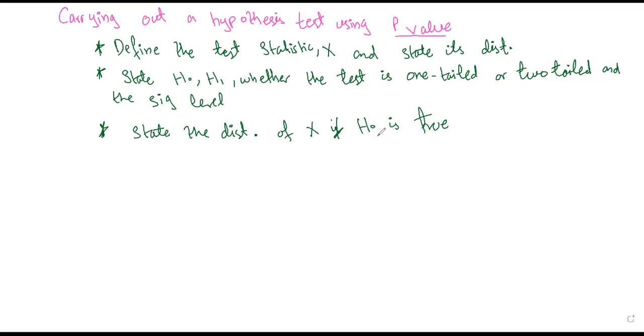Then I'll explain everything, I'm just writing down. State the criteria for rejection of H naught.